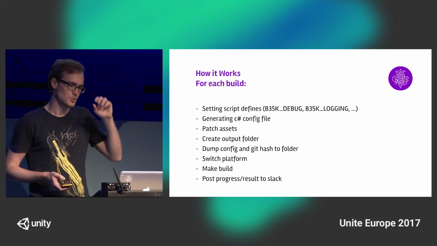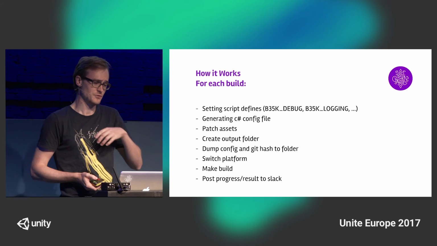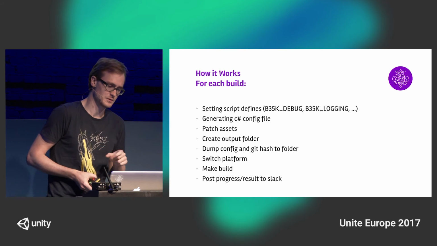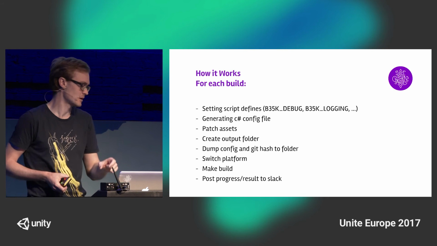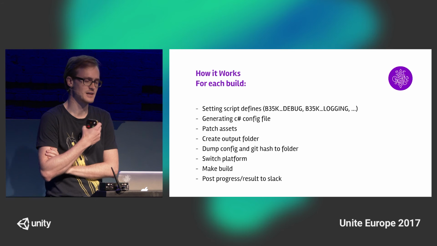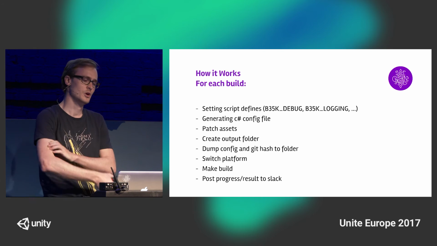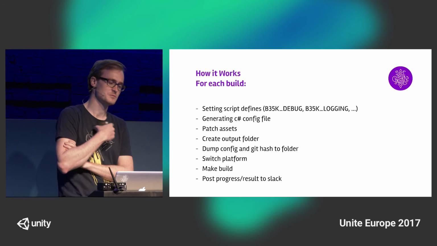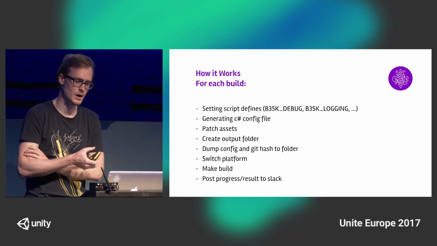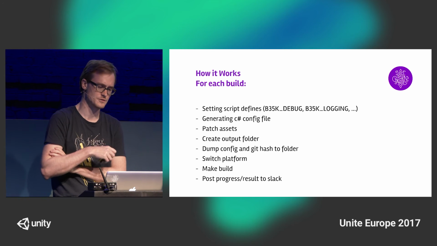So going a bit more into detail, how it actually works for each build. The make build is the second last part. That would be whenever you press build in Unity, but there's so much that we do before that. The first thing is we set up script defines, debugging, logging, and so on.